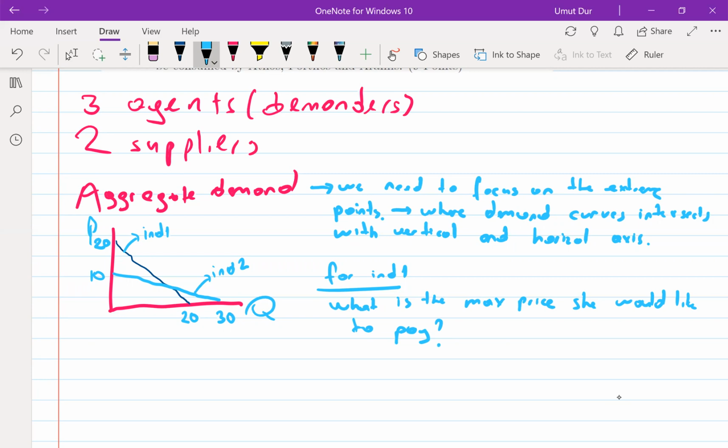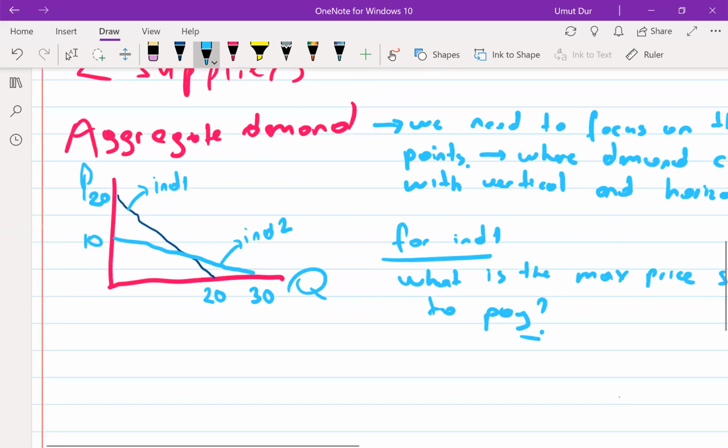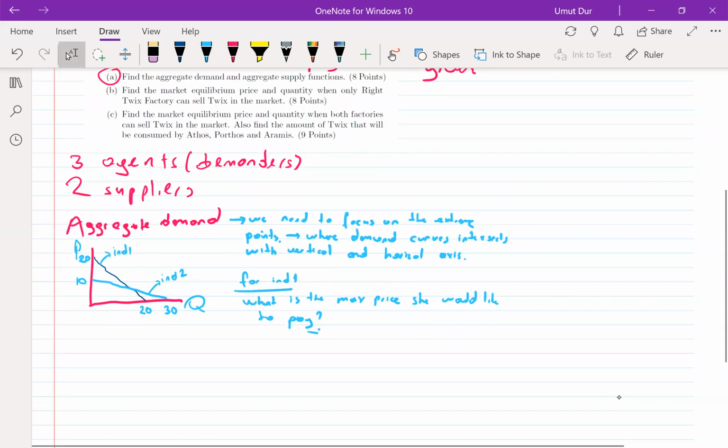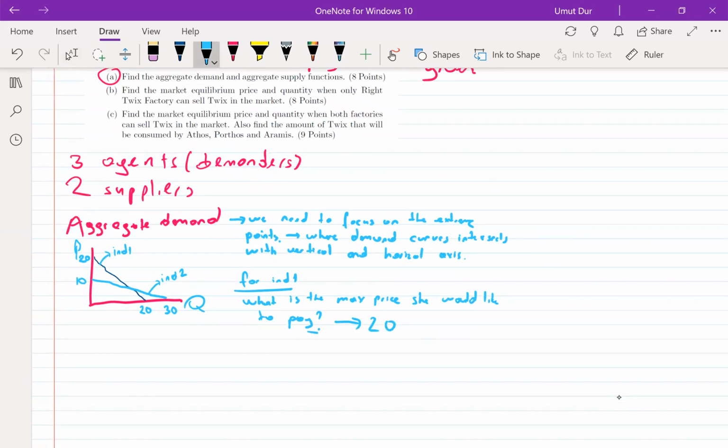For individual 1. So it is this intersection, the extreme point. And for individual 2, it is 10.